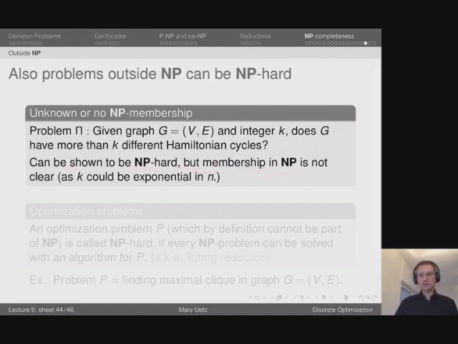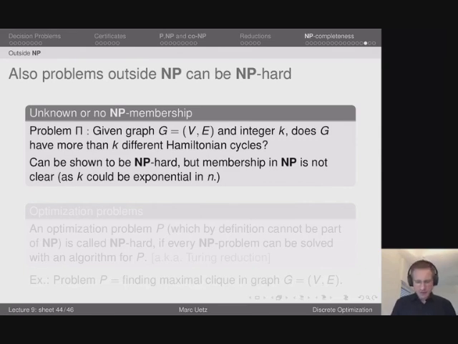That is because the only certificate that I can think of at the moment, for a yes instance, is the list of all the different Hamiltonian cycles. But that list could be exponentially long, as the number k could be exponentially large, right? So it's not clear how a certificate would look like that I would be able to verify in polynomial time. Nevertheless, it is an NP hard problem. It is at least as hard as any other problem in NP.